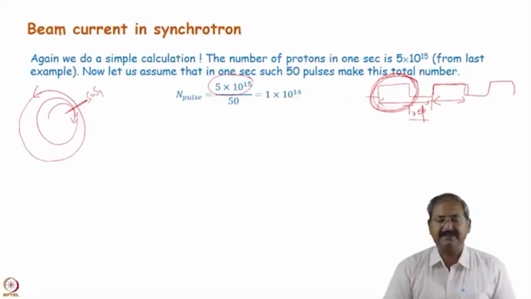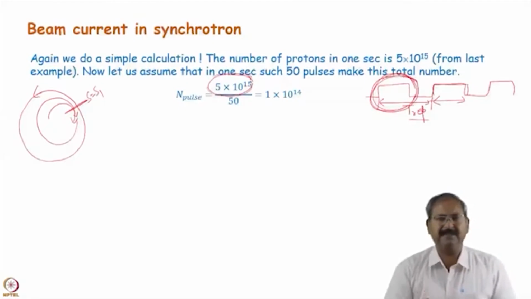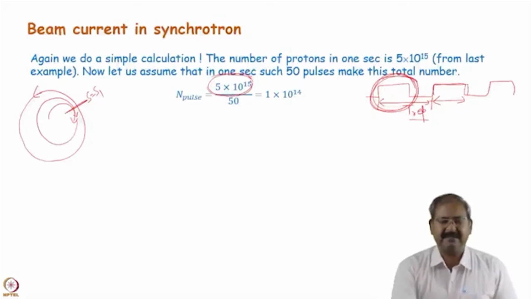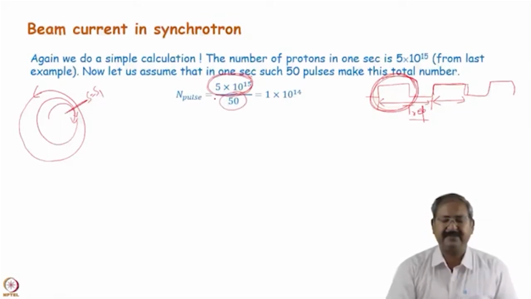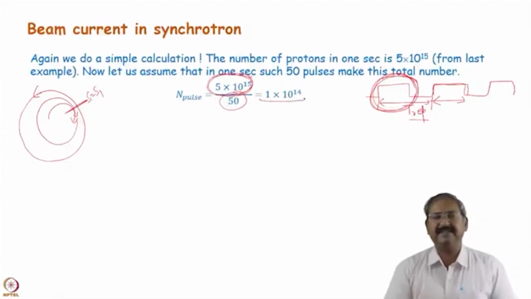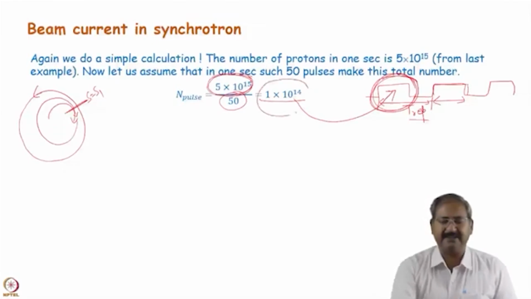Let us suppose there are 50 such pulses in 1 second. 5 into 10 raised to 15 was the number of protons in 1 second, so in one pulse this will be 5 into 10 raised to 15 divided by 50, which is 1 into 10 raised to 14. So in a single pulse, so many protons are there, and in the synchrotron, at a time, this number will be there.